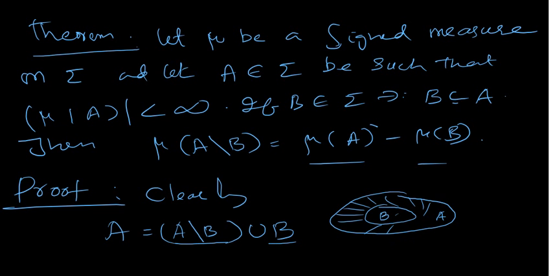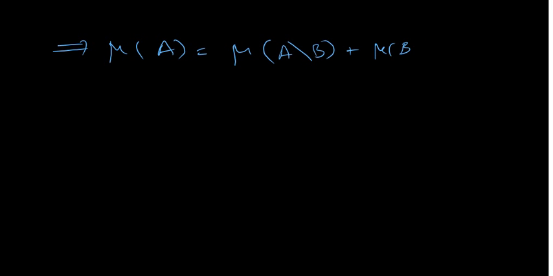So this implies that mu of A is equal to mu of A minus B plus mu of B. This mu of A is a finite number, and mu assumes at most one infinity.